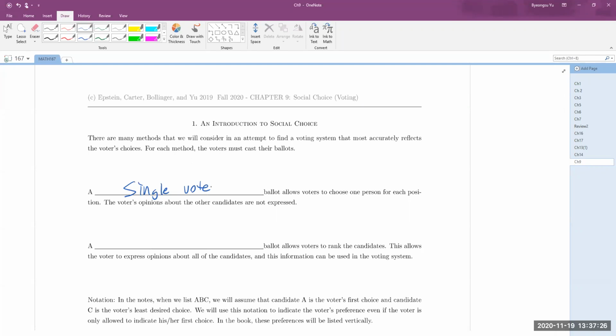You need to choose only one person, or you choose no one. It is not allowable to choose different persons simultaneously. So that's called single vote ballot, and the example is the presidential election.